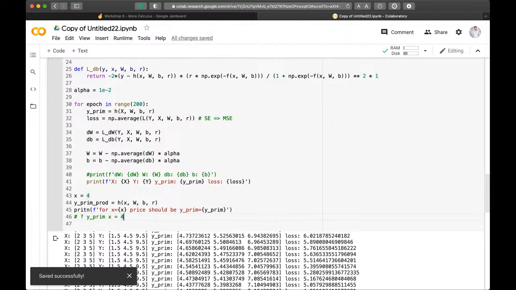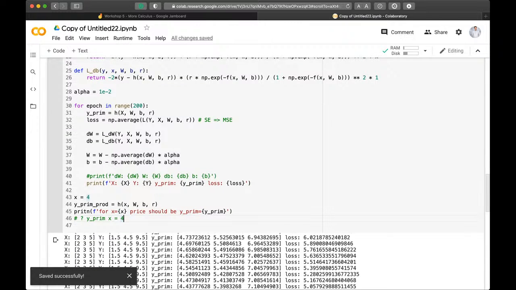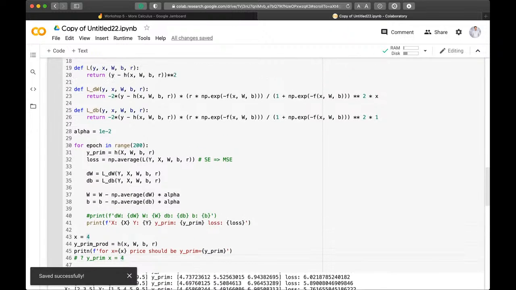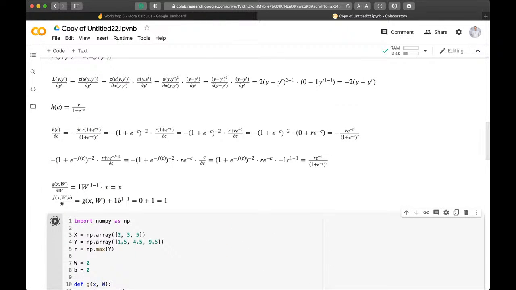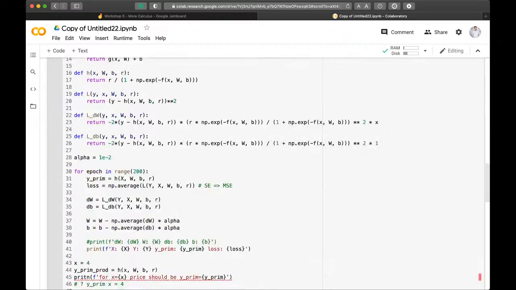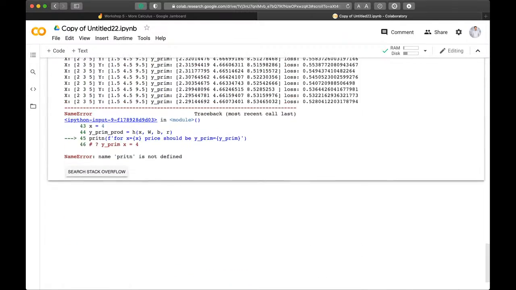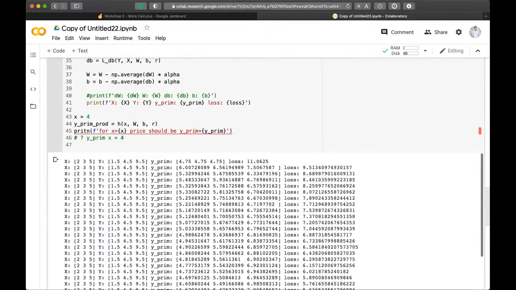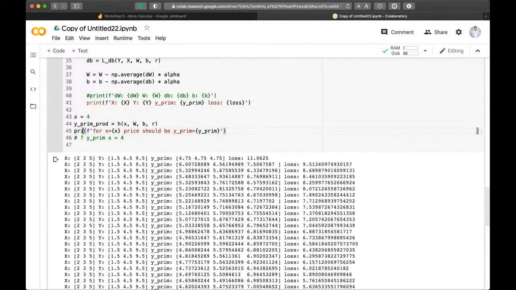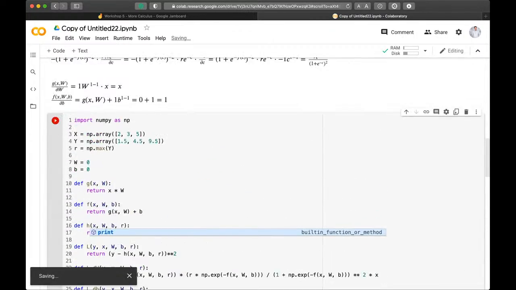You don't use the derivatives, because you cannot change anything if you don't have ground truth, right? So if I run it now, okay, I have some typo. Where is my typo? Print, right? Otherwise everything is working excellent except the typo.